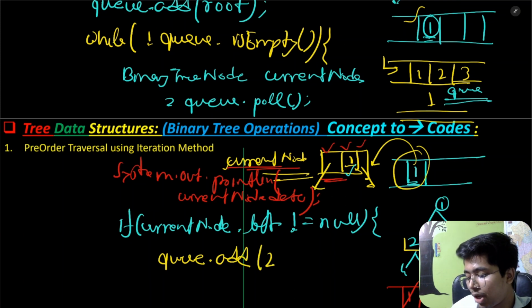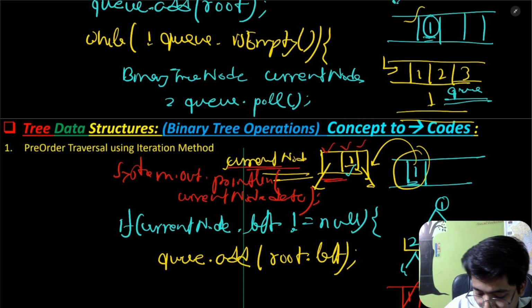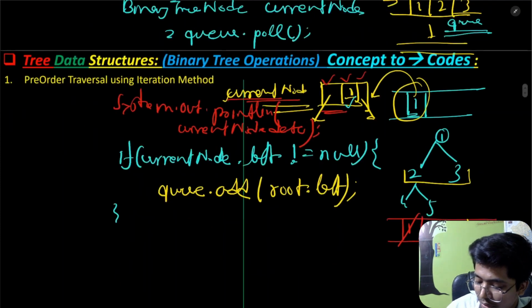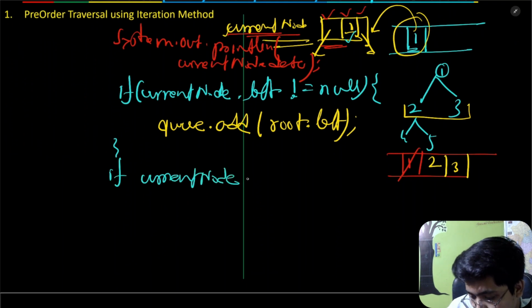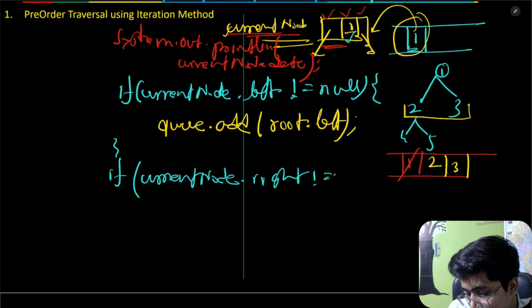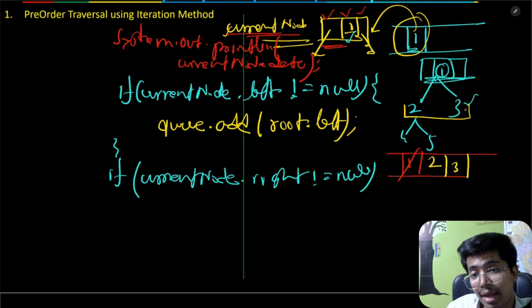We cannot call it 2, so it will be root dot left. Again we'll be checking the same condition: if current node dot right is not equal to null. That means if the right side also has some data, it has 3.